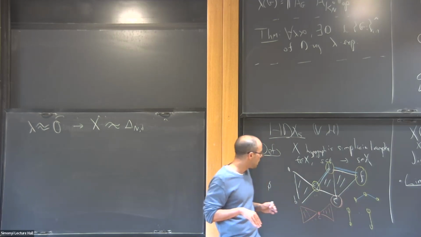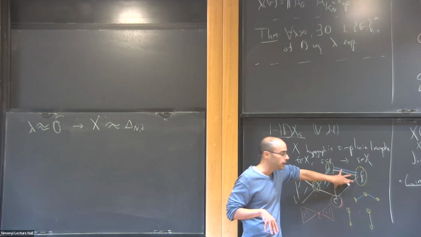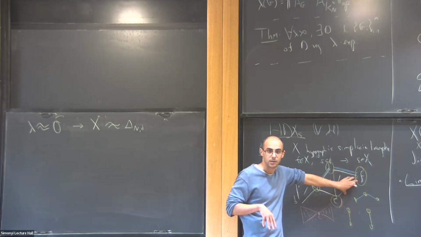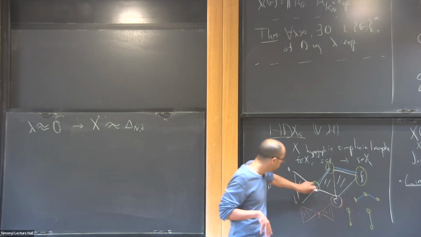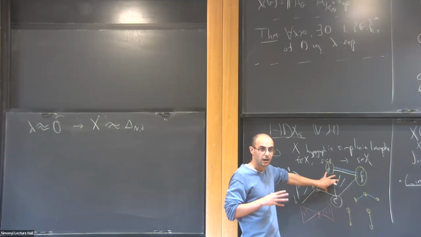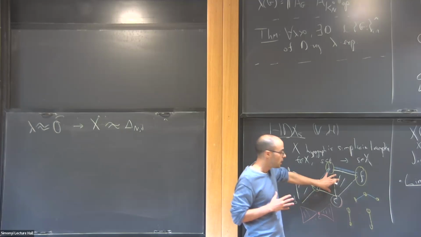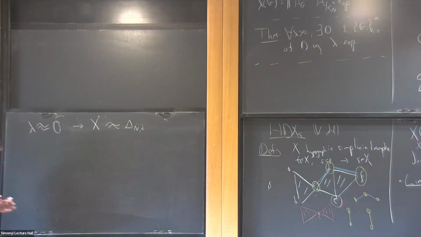For example, I can look at a walk where I start from an edge, go up to a triangle, and then go down to one of the other edges in the triangle. Or I start from a triangle, forget two of its vertices, go down to a vertex, and then go to another triangle that contains that vertex. These are sometimes called the up-down walk or the Glauber dynamics.